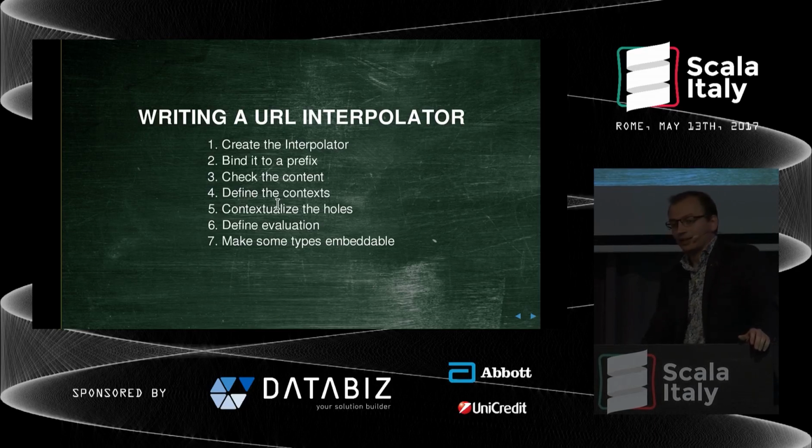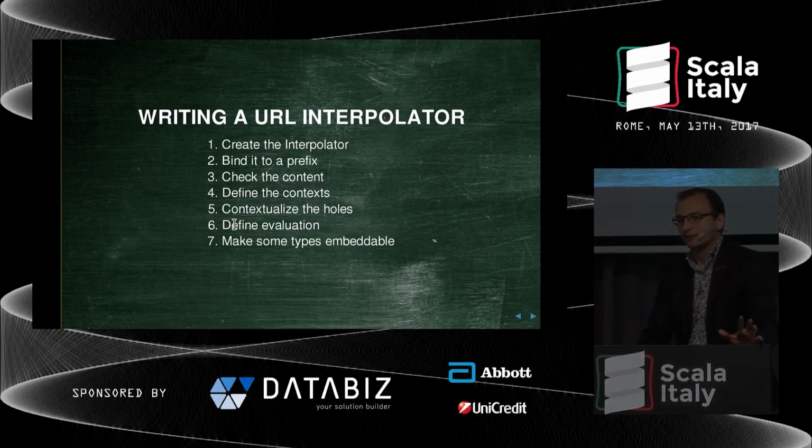And then you need to contextualize the holes for your particular use case or for your particular string. That means from the parsing we do, specify what position each hole is in that parsed string. And everything up to this point is defining things that happen at compile time. But you actually need to create an object at the end of this. So we're going to define what happens at runtime.